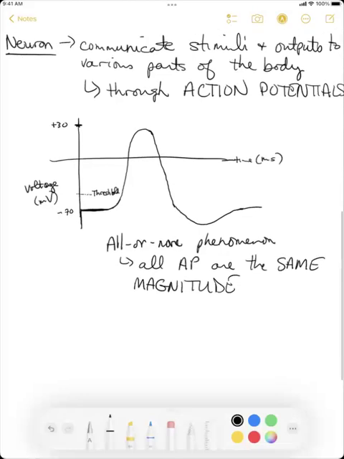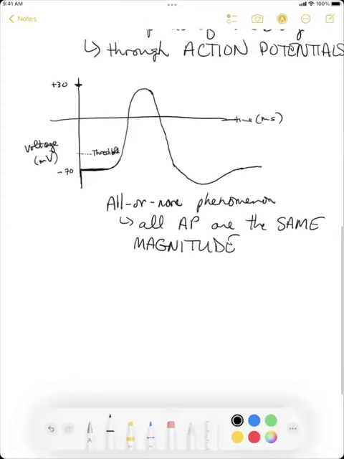How does our body perceive whether a stimulus is more intense or less intense? We definitely can tell the difference. If there's something resting on your arm that is very light, you feel a little bit of pressure. But if you have a brick that's resting on your arm, you're going to feel a lot of pressure. If all action potentials are the same magnitude, how does our body tell the difference between the intensity of a stimulus?